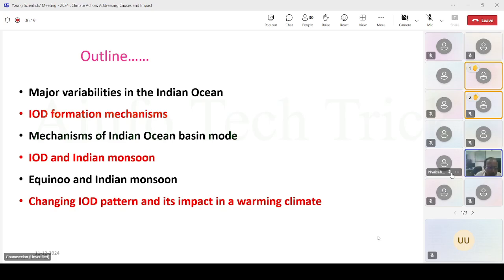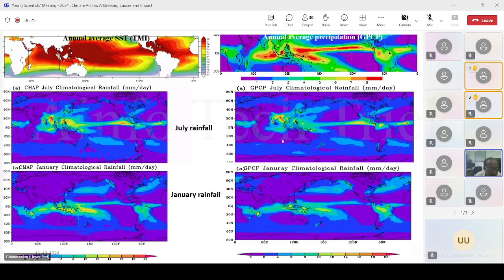If you look at this, the top one is the annual mean sea surface temperature. You can see the warm Indo-Pacific water getting expanded in recent years towards the west, making the Indian Ocean more and more warm. And the right top is the annual precipitation.